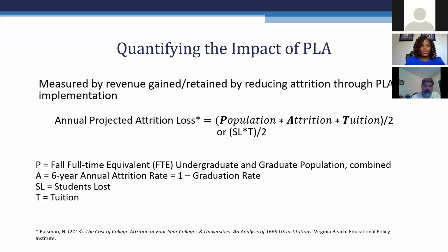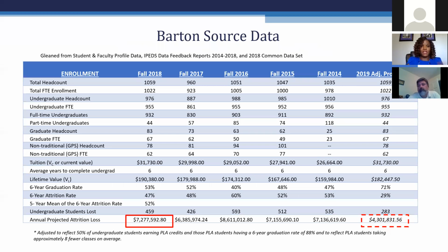Using that formula, when I was at my previous college, I calculated what the fiscal impact would be if PLA were implemented, including that portfolio process at Barton College at the time.